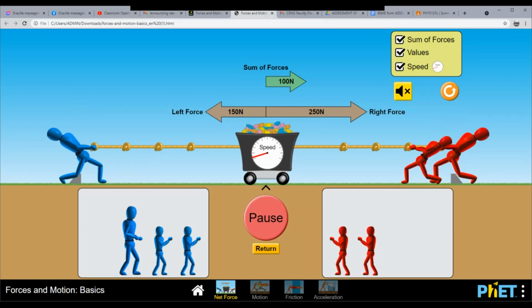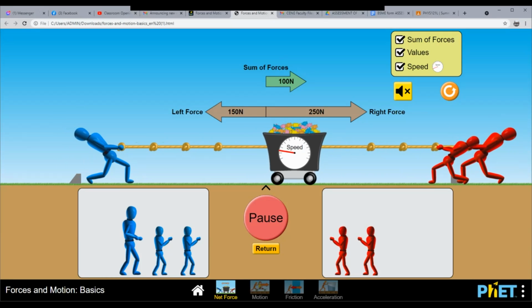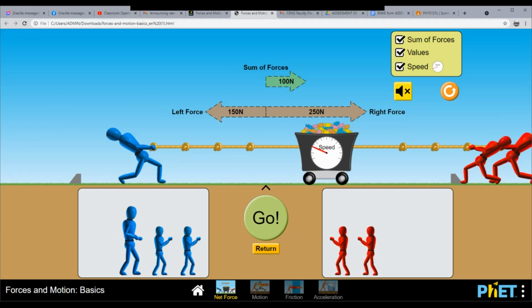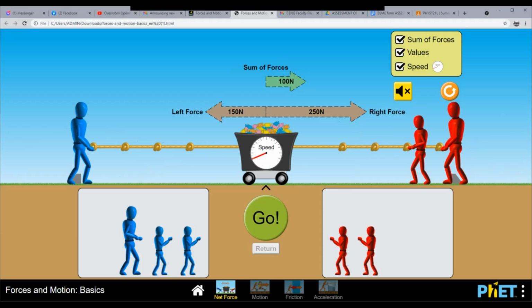Let's try. Okay. That would happen. Now, if we want to balance this one, what should we place in the left force? How many force do we have to provide on the left? 100 Newton.